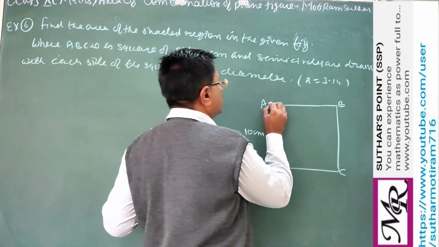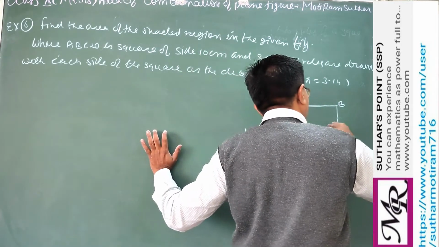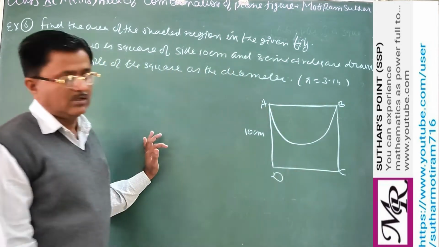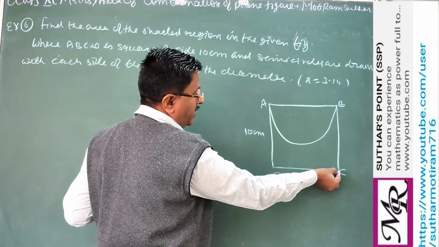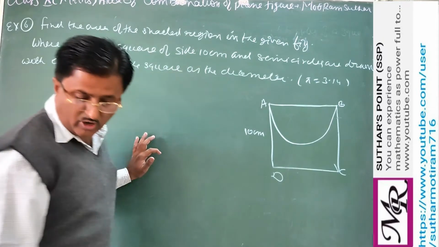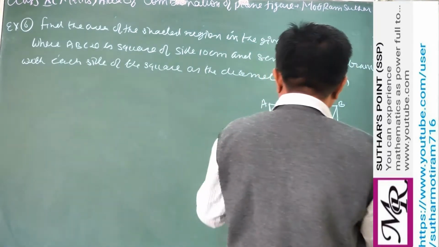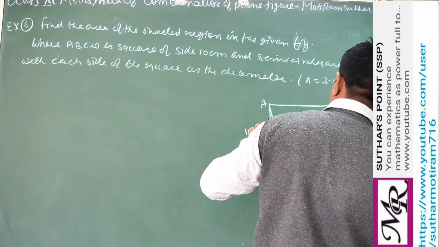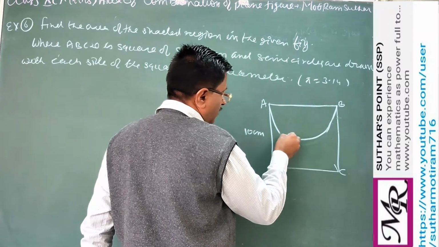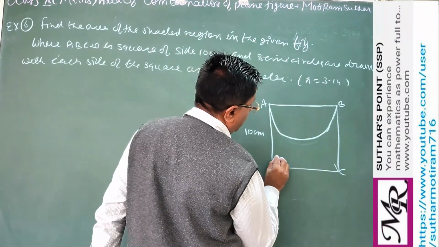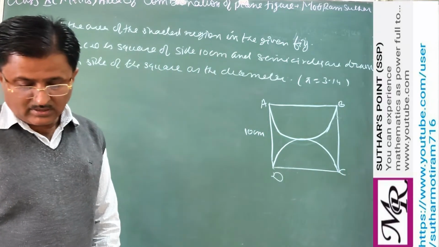Means we suppose this as a diameter and draw a semicircle like this. Clear? Then this BC as a diameter and draw a semicircle. We can draw a very clear picture so you can understand easily.